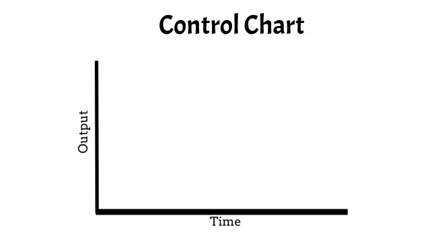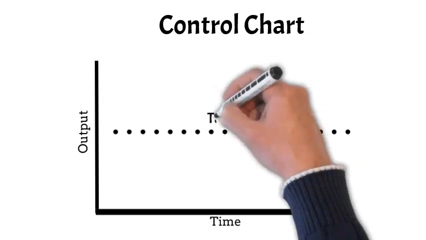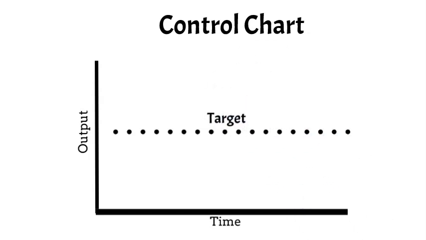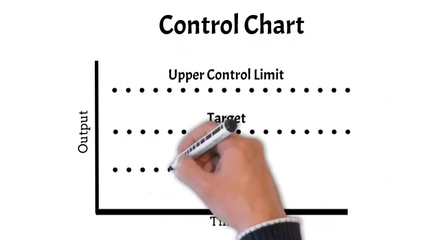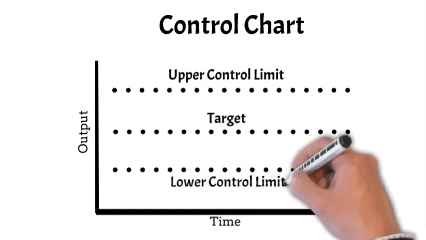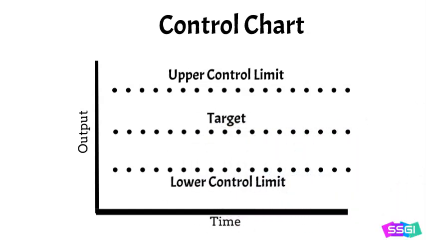It includes a center line representing expected process output, sometimes called a target, and is the level of output expected for a process that is in control. In addition, a control chart also includes an upper and lower control limit to identify the points outside of which a process is considered to be out of control and very likely requires attention.